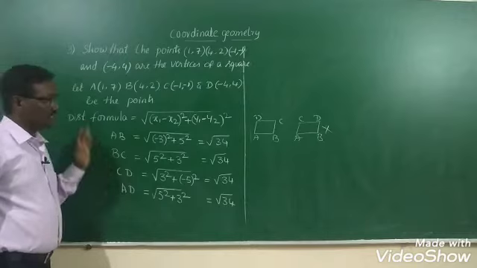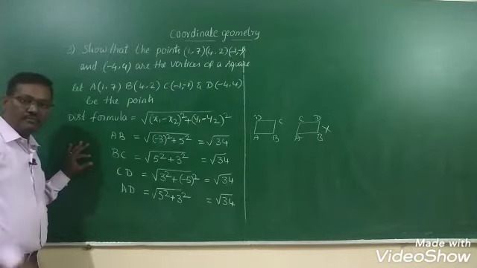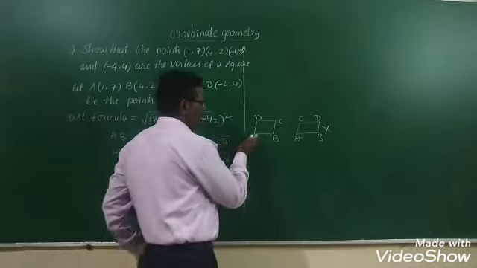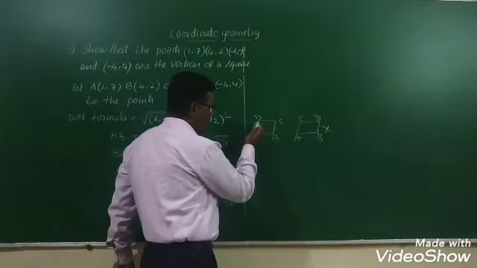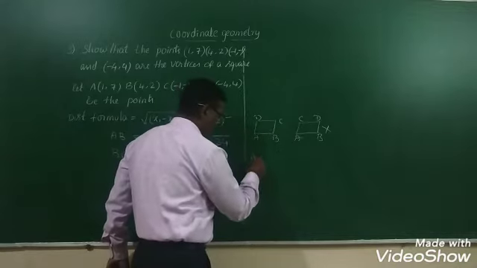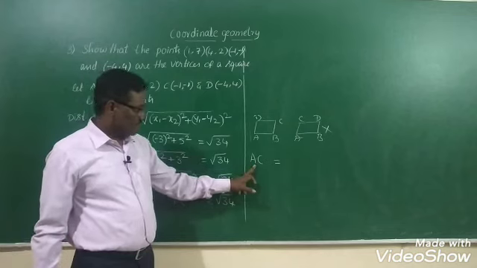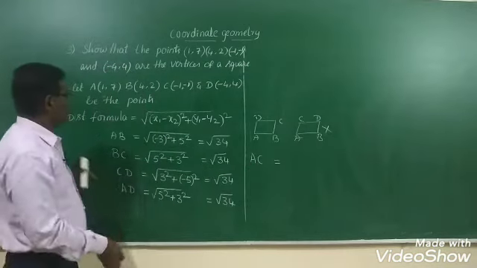find out the diagonals also, because in a rhombus also all the sides are equal. Yes, we go with the diagonals AC and DB. Yes, I have to find out AC, where A is the first point, C the second point.